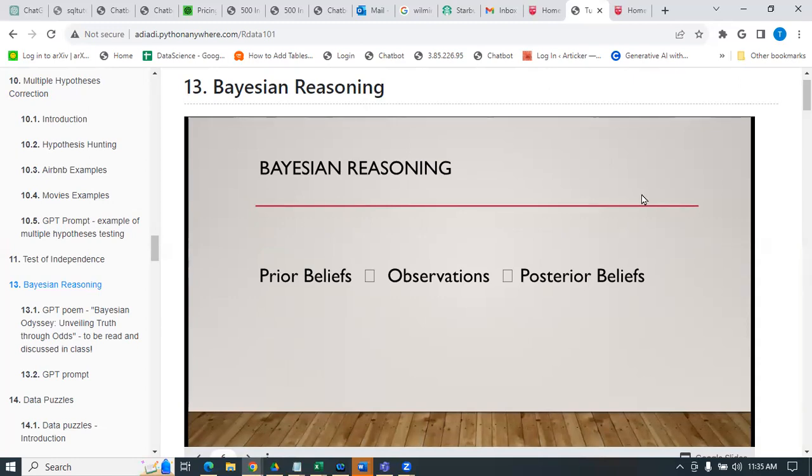So this is very simple. There are three components of Bayesian reasoning: prior beliefs, observations, and posterior beliefs. Bayesian theorem is about how observations change your beliefs, how they make your prior beliefs more likely or less likely.